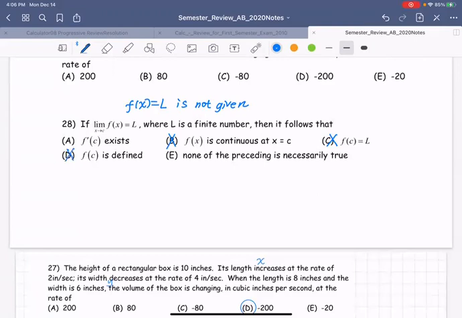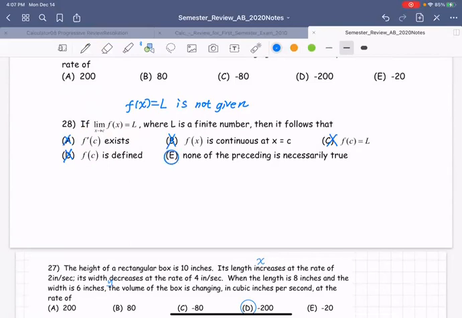No, I don't know if it exists from the given condition. And f prime? You don't even know if it's continuous. How can you come up with a derivative existing? That doesn't make sense. So none of them, okay?